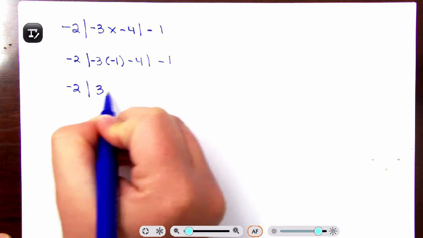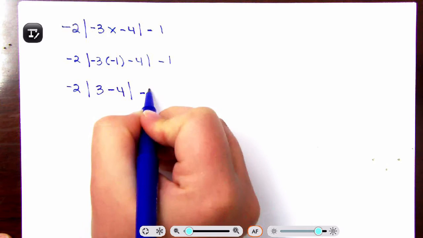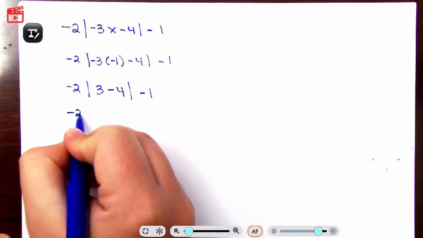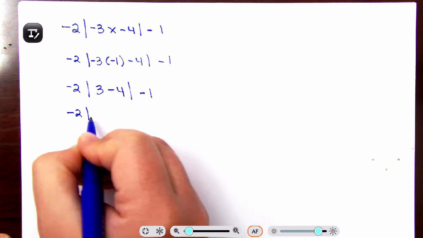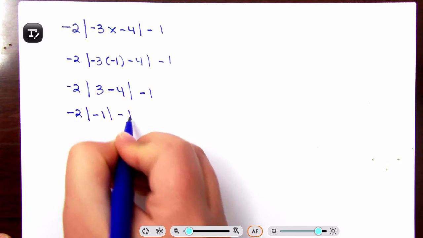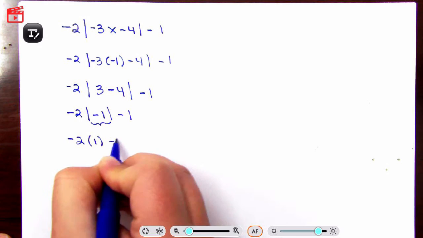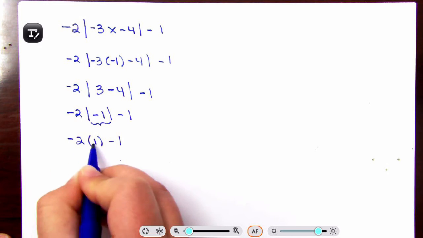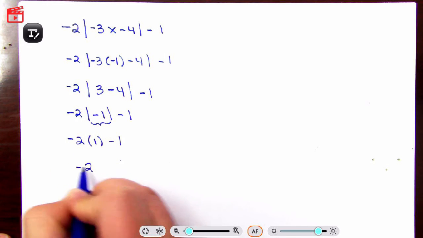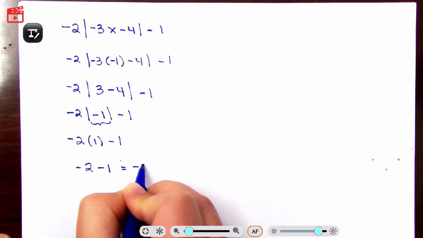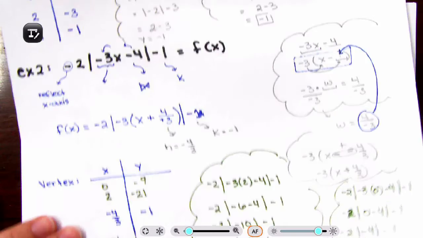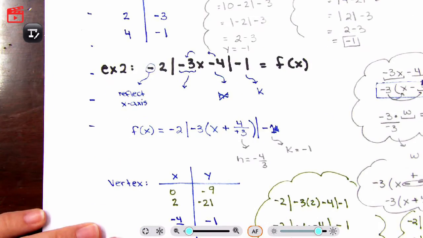That is a positive 3, minus 4 still left over. Minus 1 is also left over. Negative 2 times 3 minus 4, that is a negative 1, minus 1. Negative 2, absolute value of negative 1 is a positive 1. So I have negative 2 times 1 is negative 2 minus 1 is a negative 3. So if we input negative 1, our output's going to be a negative 3.